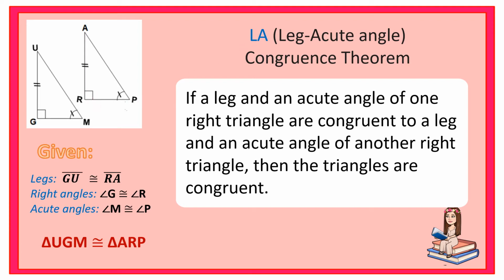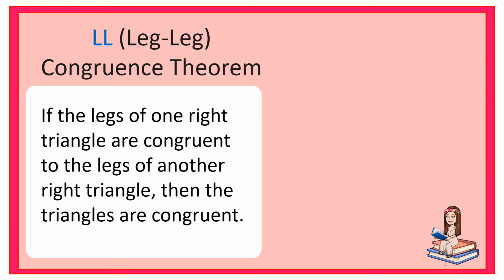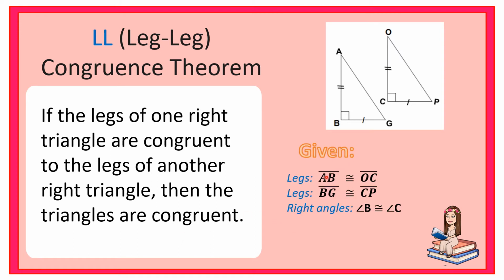Okay, let's have the fourth one. The leg-leg congruence theorem. Okay, anong sinasabi? If the legs of one right triangle are congruent to the legs of another right triangle, then the triangles are congruent. Okay, let's have this figure. So, in this given naman, so meron tayong dalawang legs, AB and OC to be congruent, one pair.